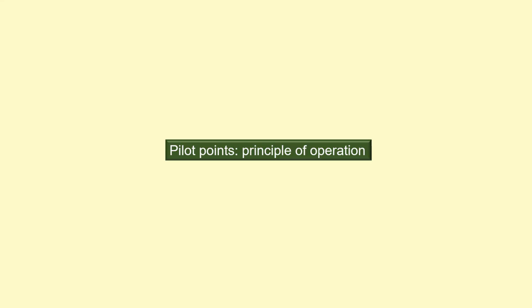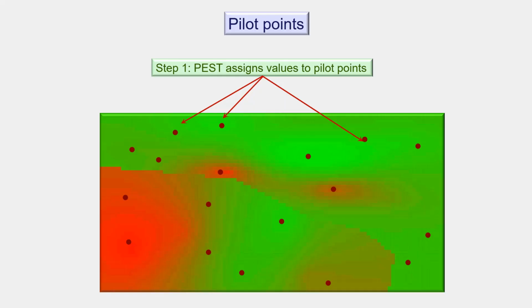Now let's look at the principle of operation of pilot points. Pilot points are ascribed locations in space. So each pilot point is given an x and y coordinate, or for three-dimensional pilot points, an x, y and z coordinate. So pilot points are distributed throughout a model domain.